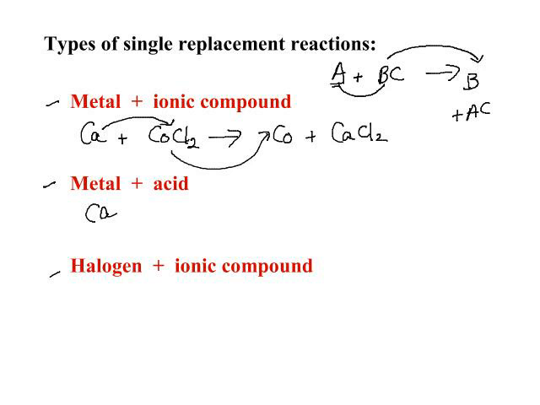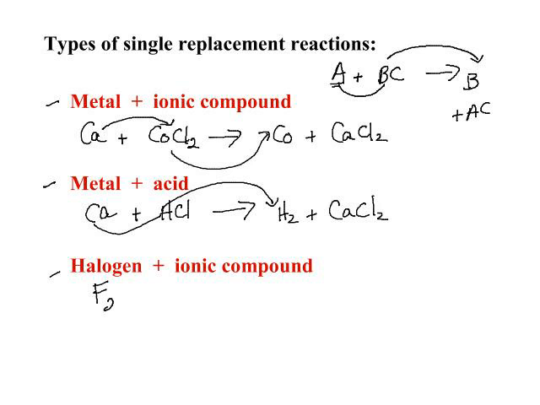Or a metal plus an acid: calcium plus hydrochloric acid would give you hydrogen gas and form calcium chloride. A halogen in an ionic compound: taking fluorine and reacting it with a compound that also contains a halogen.